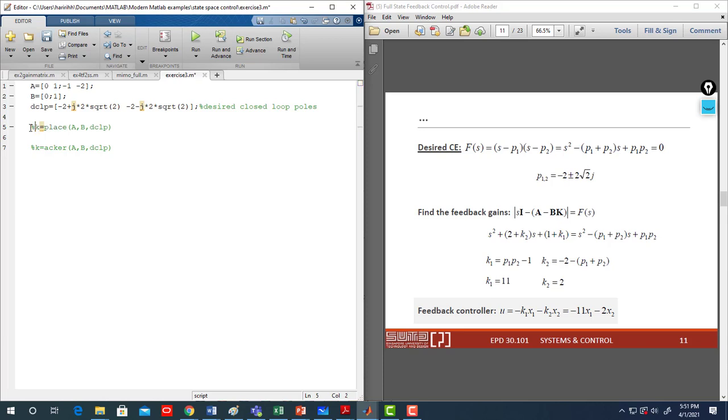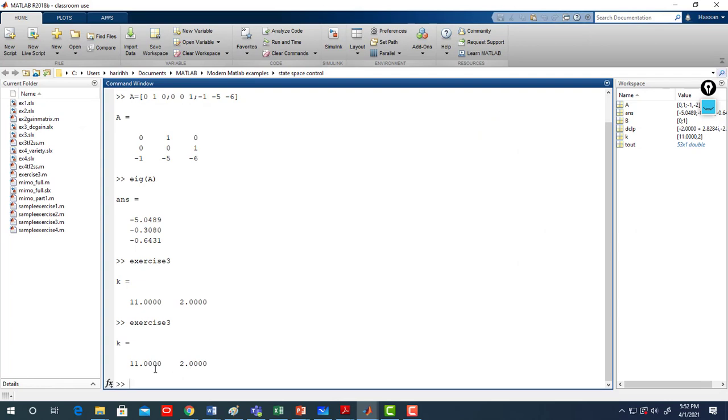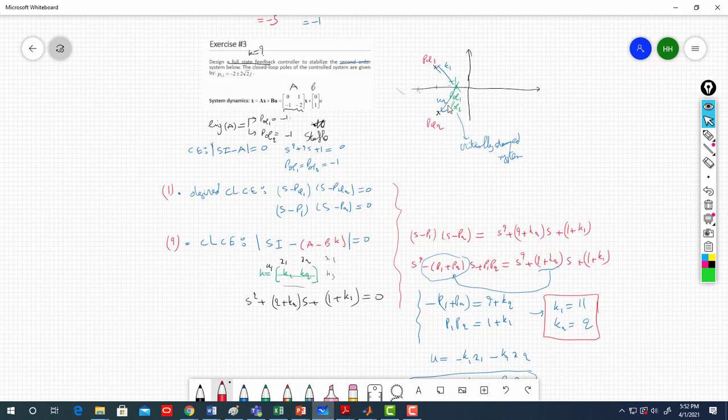Also, let's do it using acker. For single input systems, the solution is unique. So 11 corresponds to the first pole. What we studied in this exercise, I have two poles, so I have K1 and K2.